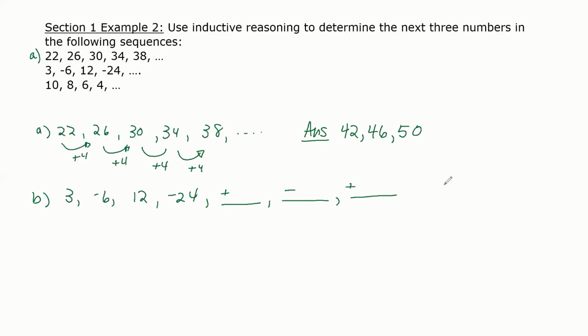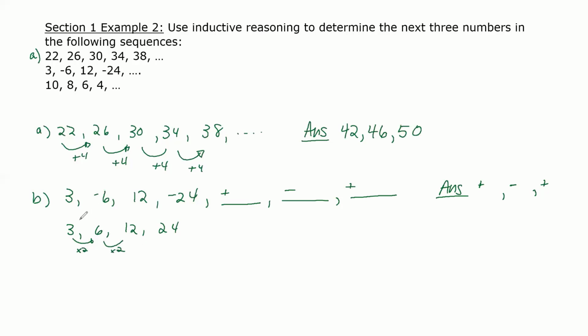So I'm going to go over to my answer and put the signs in, positive, negative, and positive, so I don't forget them. Now I'm going to look at the numbers itself, ignoring the signs. So 3, 6, 12, 24. What we see is we're multiplying by 2 as we go up.